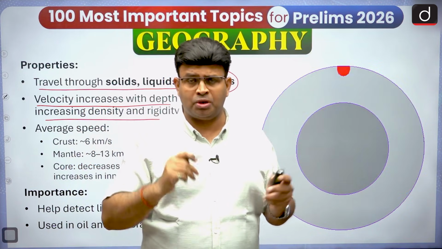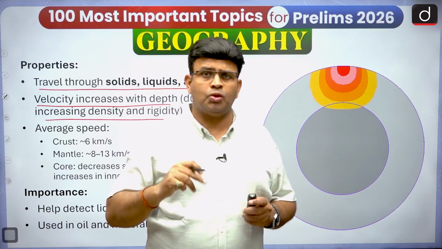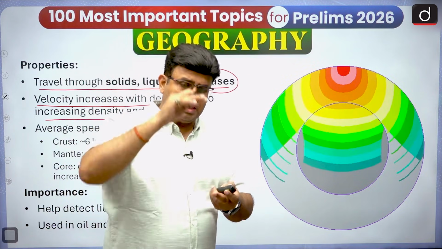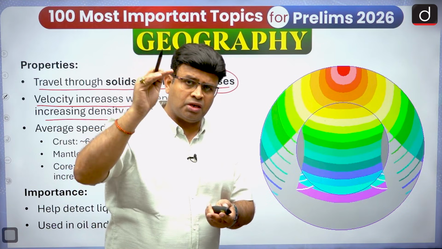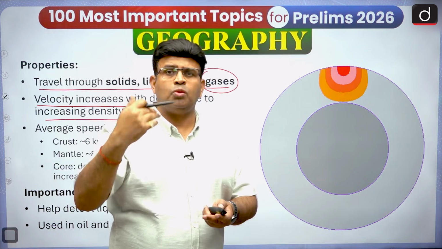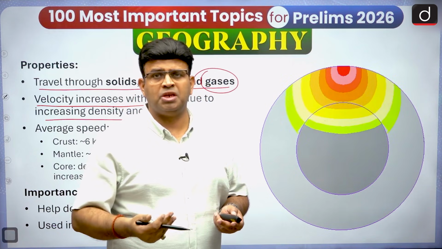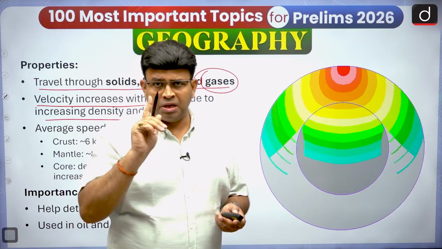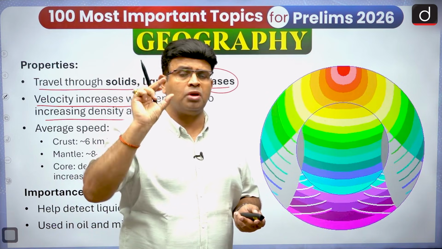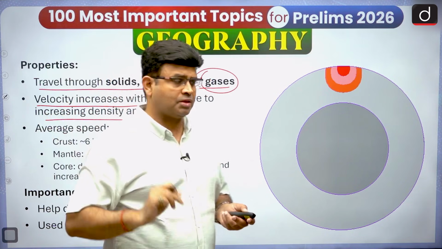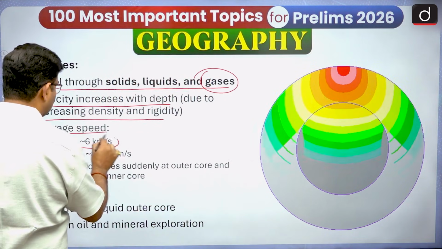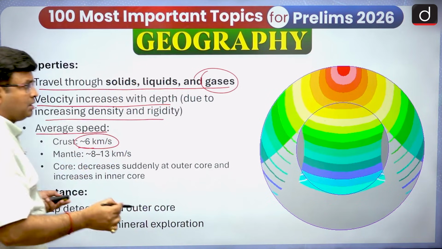You must have read about it in the light chapter. So within the Earth's interior, as we go down, the density of the crust, mantle, outer core and inner core is increasing, so the speed of these seismic waves keeps on increasing. But in the case of liquid, speed decreases: solid more, liquid less, gas less. So we can say that the average speed in the crust is 6 km per second. This is the crust.